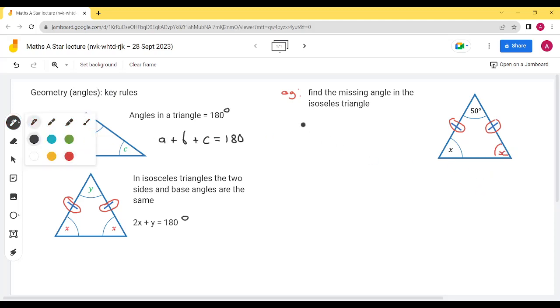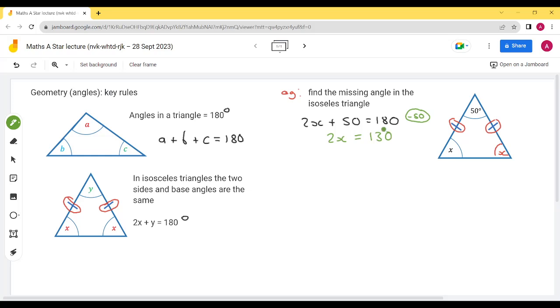So we can say 2x plus 50 equals 180. Now we can use our skills from solving equations in algebra. We want to get rid of our plus 50, so we do its opposite, which is minus 50. Remember, whatever you do to one side of the equation, you do exactly the same to the other. So you'd have 2x equals 130.